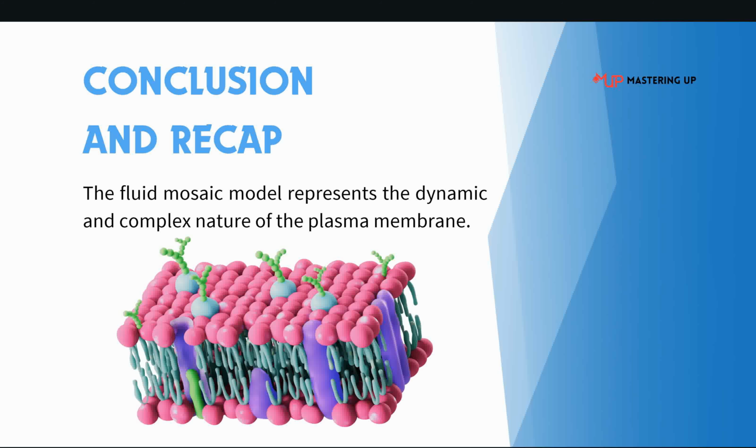Thus, by maintaining fluidity and flexibility, the membrane adapts to environmental changes and ensures that the cell can function efficiently in response to various stimuli. This model remains one of the foundational concepts in cell biology, shaping our understanding of cellular structure and behavior.